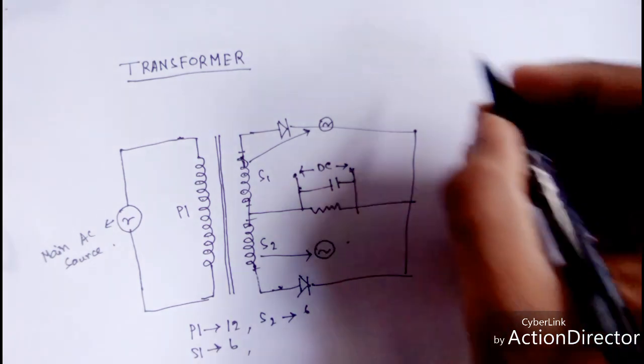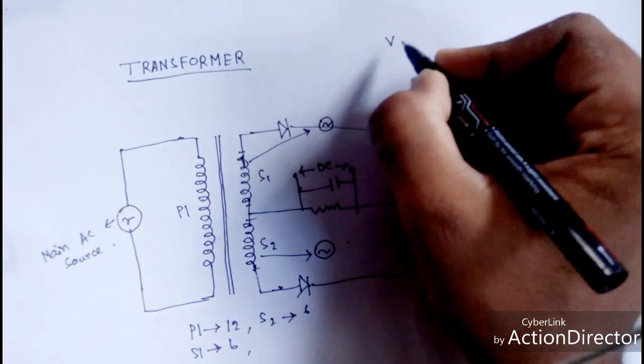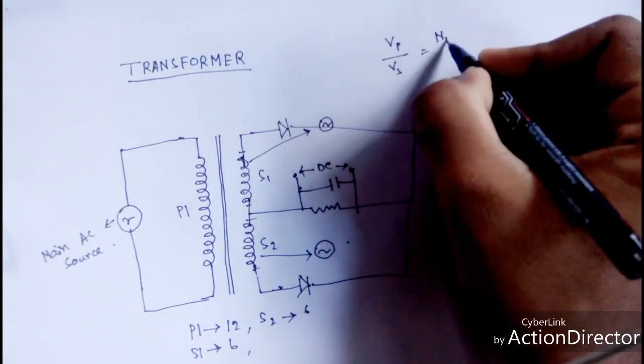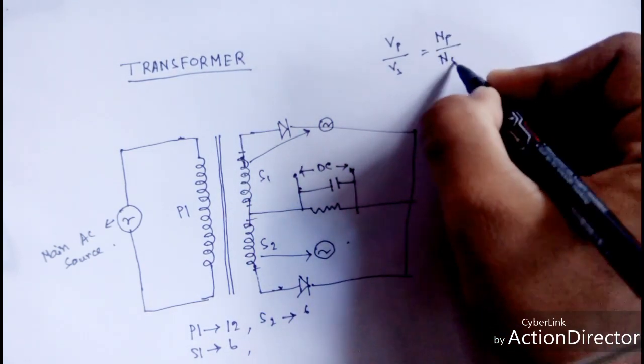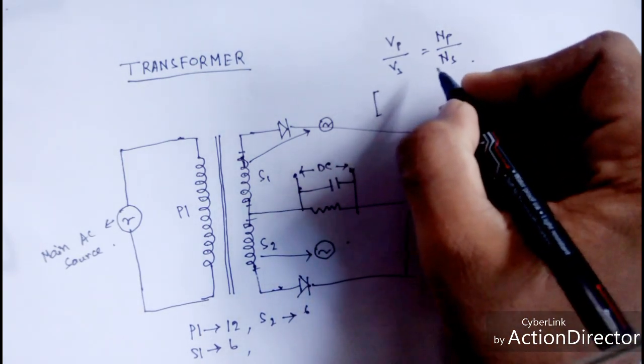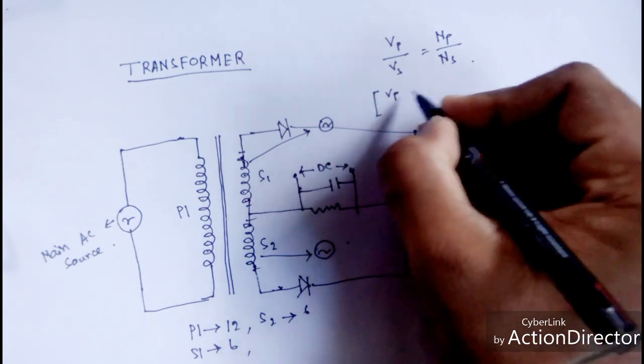So there is a formula that Vp by Vs equals Np by Ns. Here what are Vp, Vs and Np, Ns?